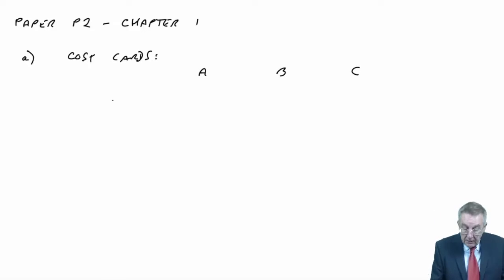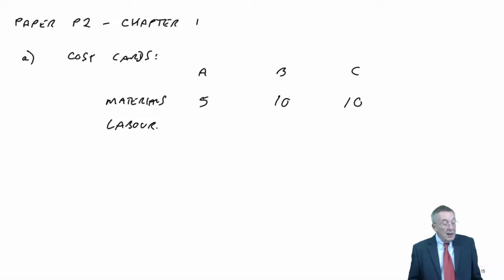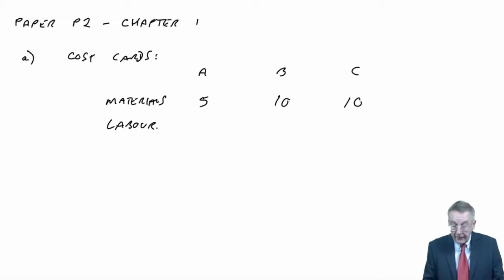And the unit costs. Materials, obviously no problem, straight from the question. A, $5 a unit, B, 10. Try to write nicely, C, 10. And labour. 2 hours, A, 2 hours a unit, but labour's paid at $5 an hour.